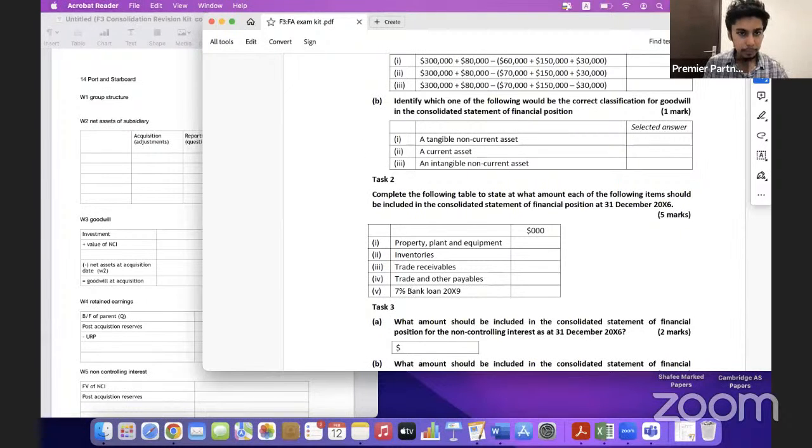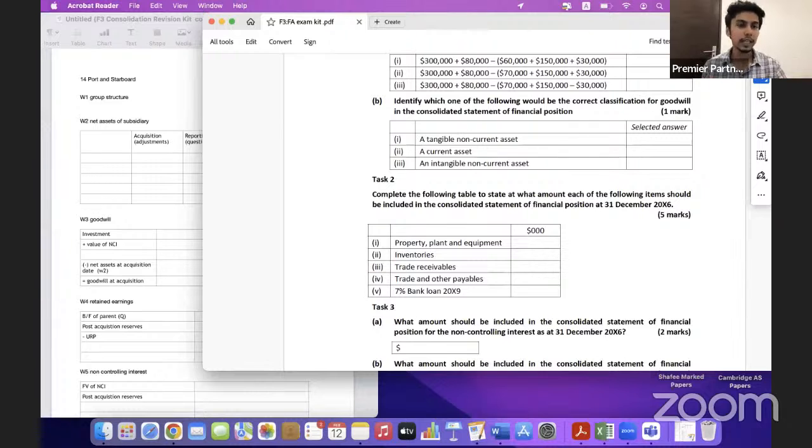Trade and other payable and bank loan are liabilities. Normally in consolidation, how do we deal with assets and liabilities? We take the parent asset and add the subsidiary asset. We take the parent liability and add it to the subsidiary liability.